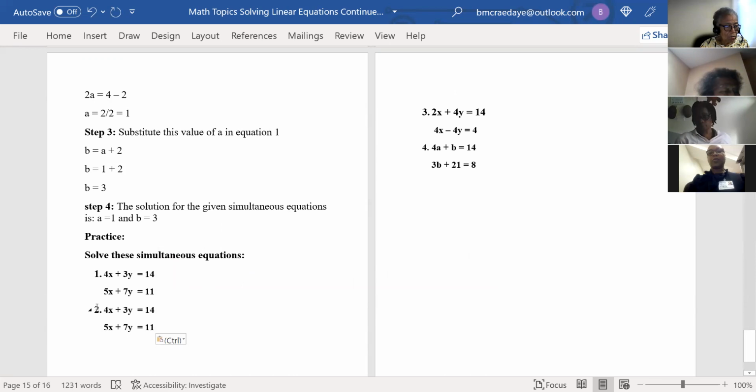So what you're going to do is multiply the first equation by 5, and the other one by 4. Then you have them where you can subtract them. So do that and tell me what you get for x and y.